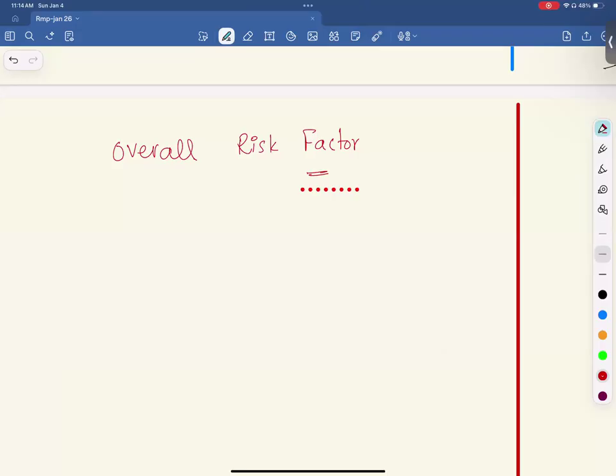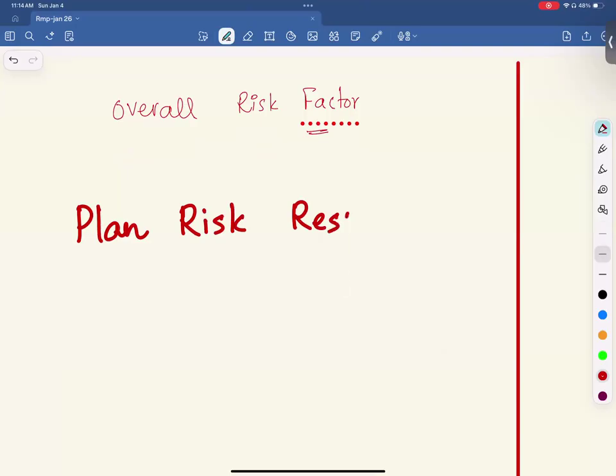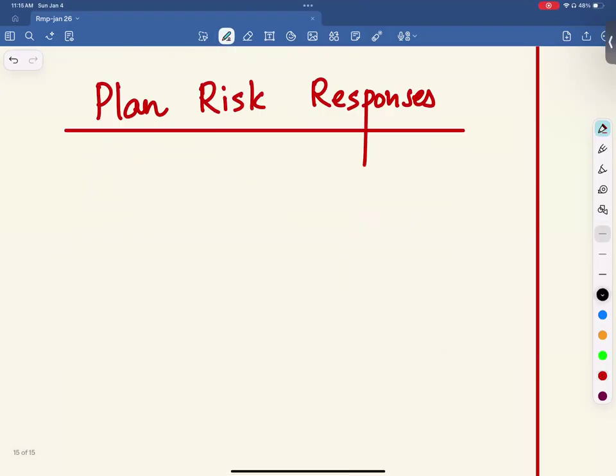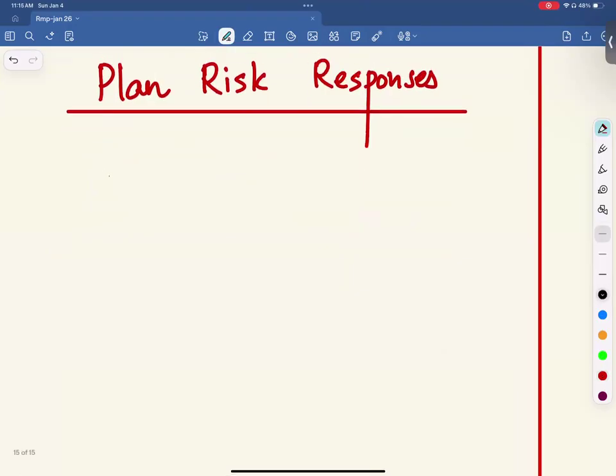Okay. Once it is done, we move to next step, which is plan and implement risk responses. Now we need to plan for responses, right? There are different types of responses that we do. For example, we have risk escalation.